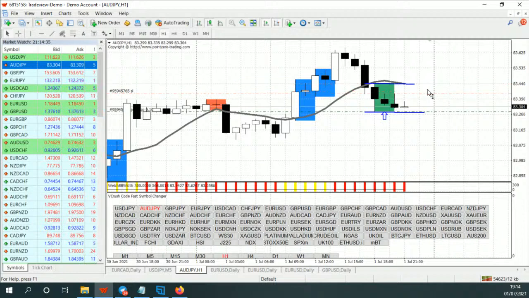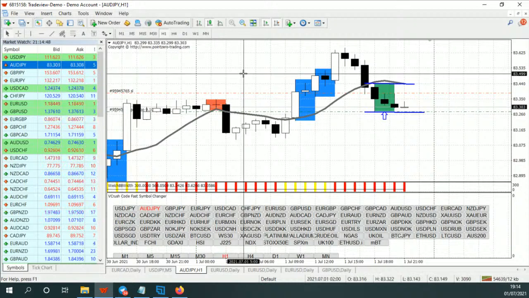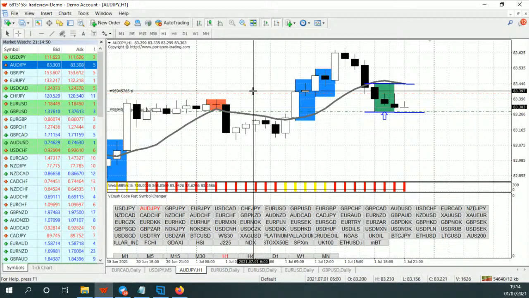So that is the stop loss. Your stop loss is between these two lines. All you need to do is find the difference between these two lines and calculate the number of pips. I think when we did it last time, we said it was about 12 pips. So let's find out. Yeah, about 12 pips.